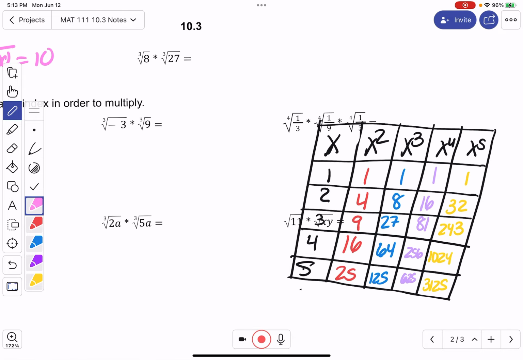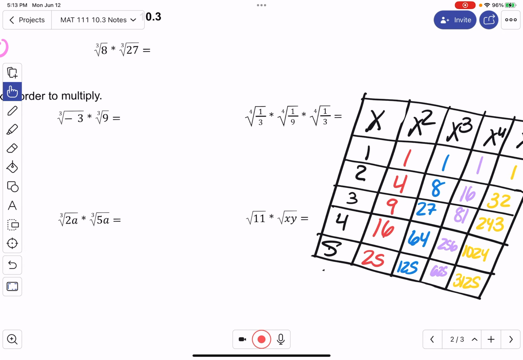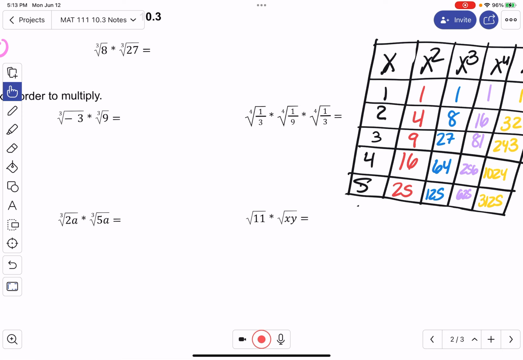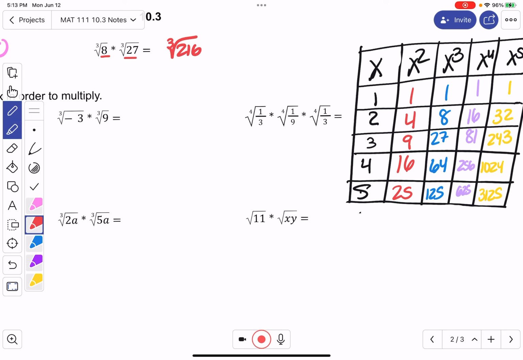All right, let's look over here. Cubed roots work the same. As long as the index matches, you can follow this rule. So we have a couple choices. We can do 8 times 27, which gives us 216. Then if we use our little table over here, well, this one's not quite big enough, but if there were another column, 216 would be right here, telling us that the cubed root of 216 is 6.